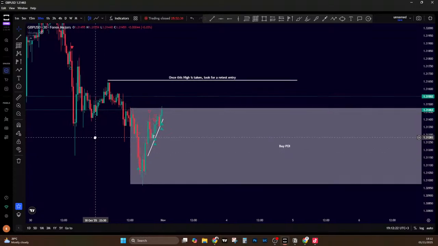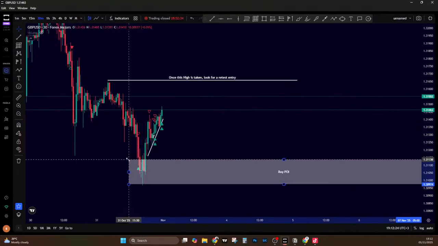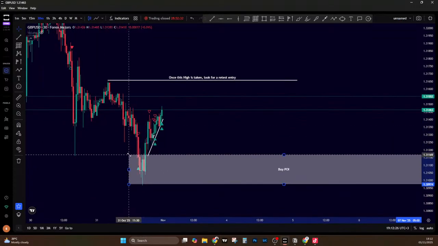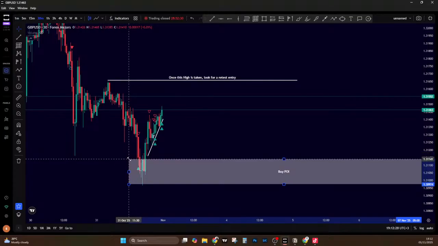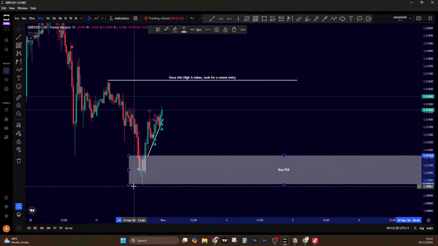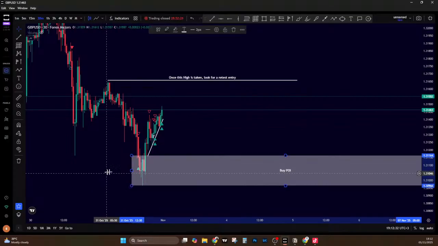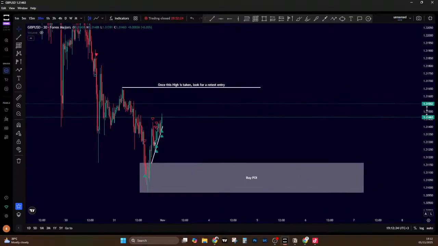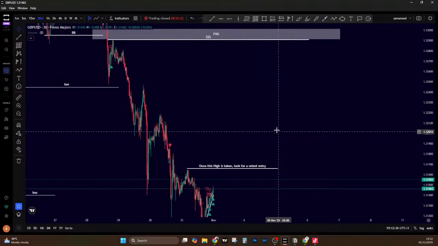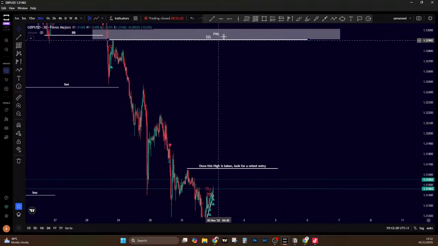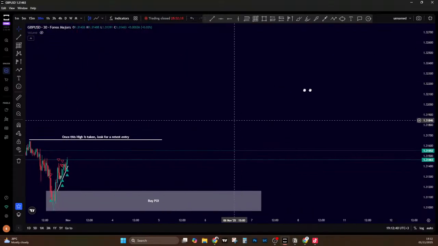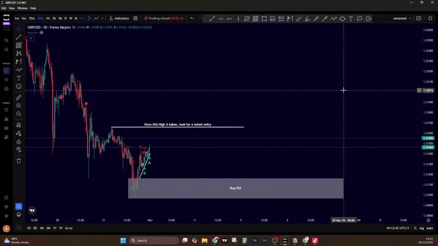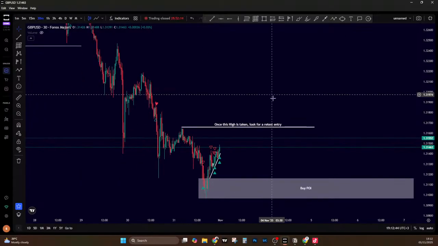Then I'll come and refine my POI around this area. Around that area. And then I look for a buy. Where do I target? I will target here, and then I'll be scaling in. And that is it for GU.